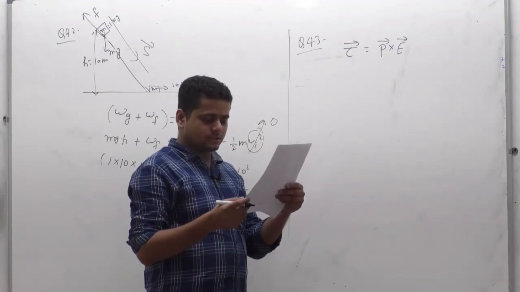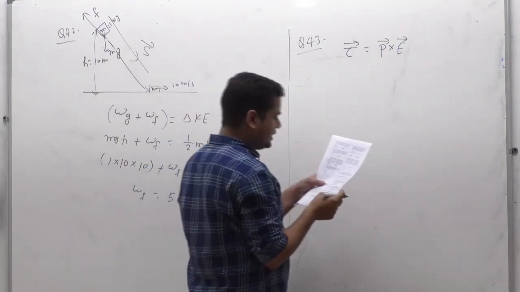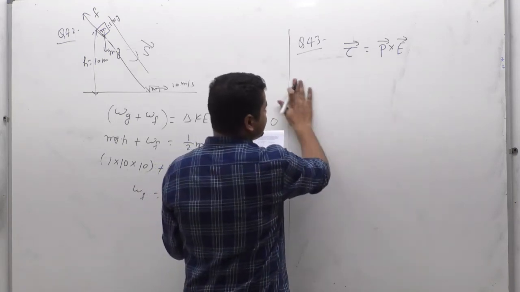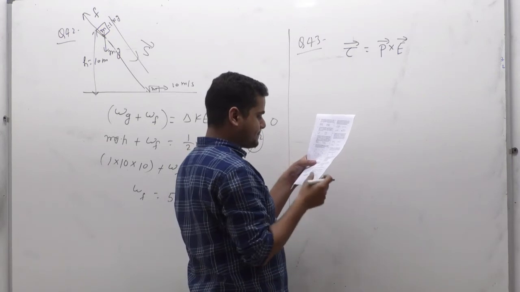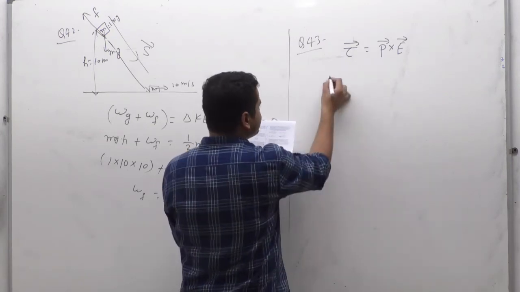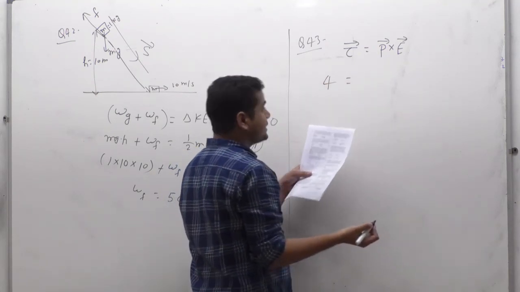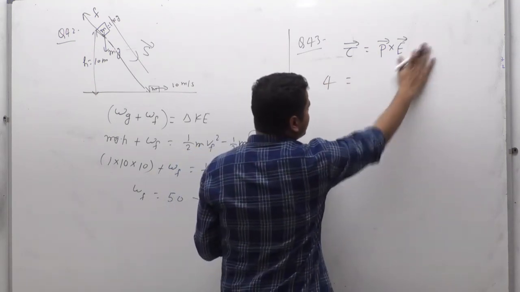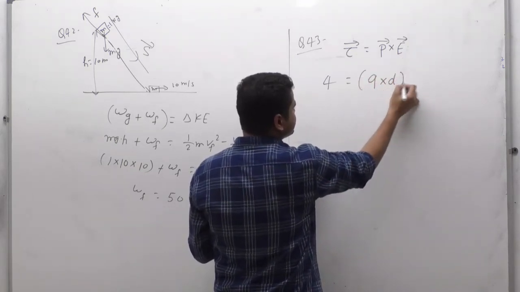They have given us the electric field, and see, torque equals P cross E. It experiences a torque equal to 4 Newton meters. So torque equals 4, and P is basically called the dipole moment, which is equal to charge into distance.